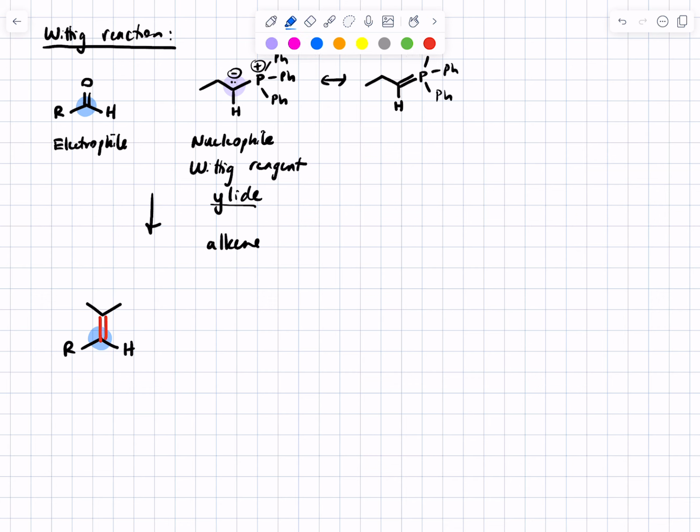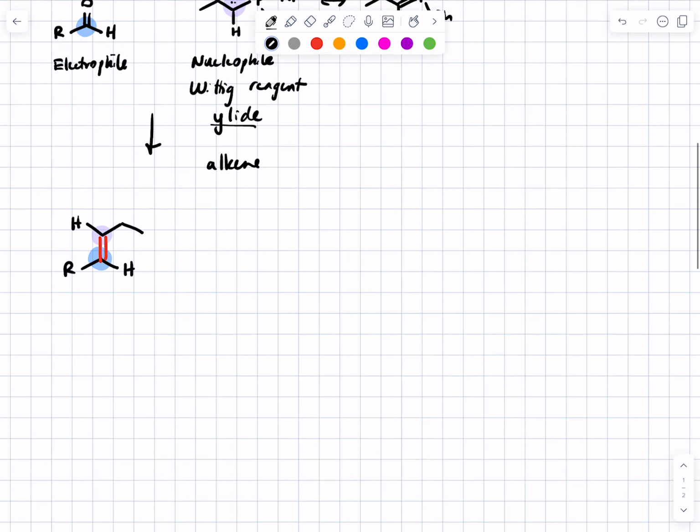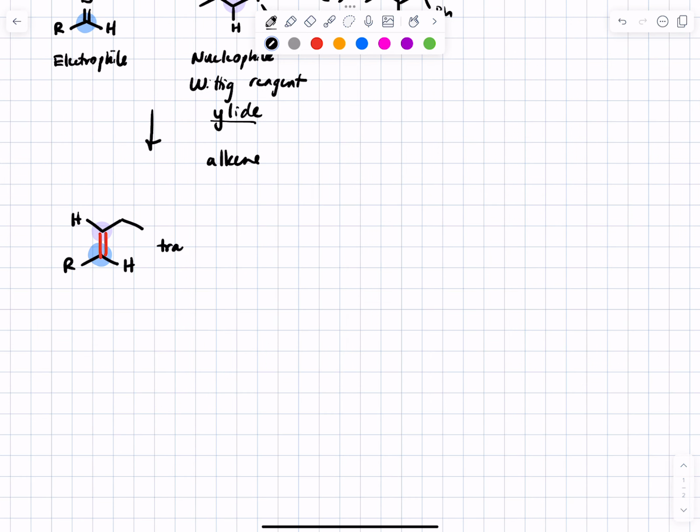You make those 2 new bonds, sigma and pi, to the purple carbon of the ylide. And I've drawn the trans stereoisomer, but you would also get the cis stereoisomer. Probably you would get more of trans than cis because the trans stereoisomer is more stable than the cis stereoisomer.